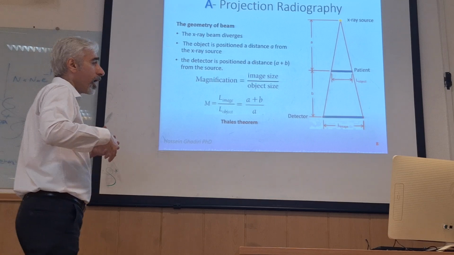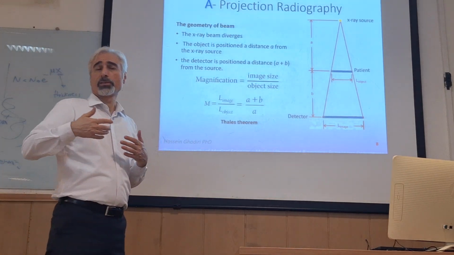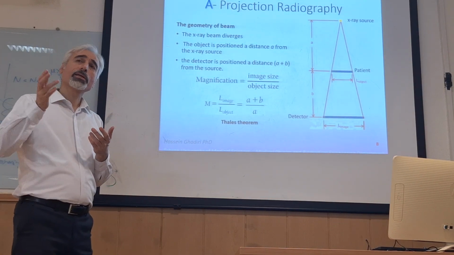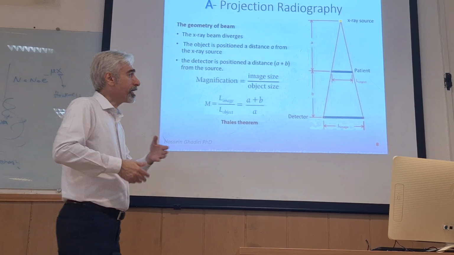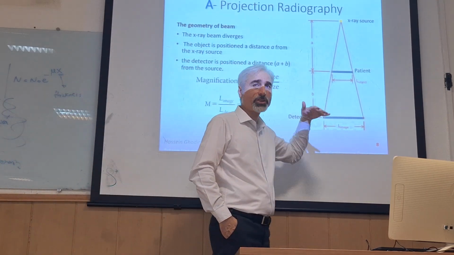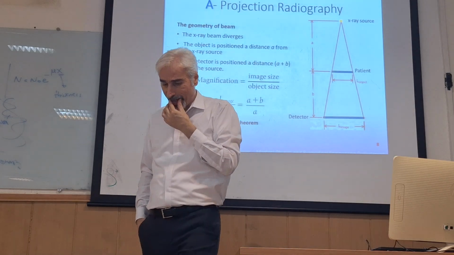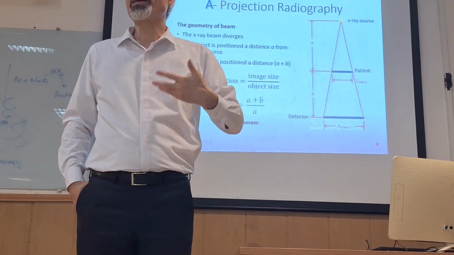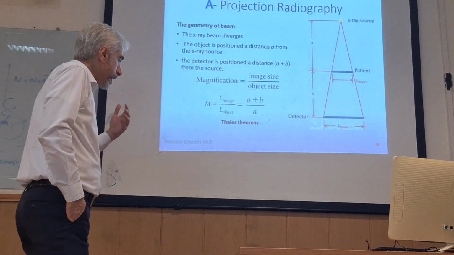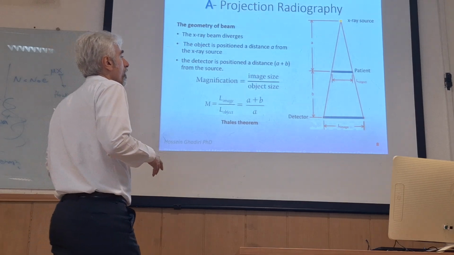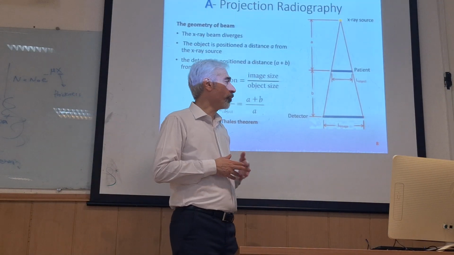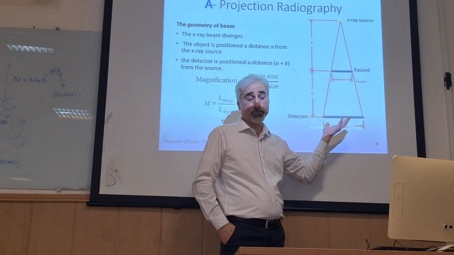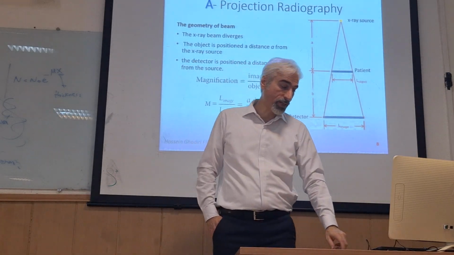So another parameter added to kV, mA, and exposure time is the geometry. The geometry is used to optimize the image quality, because by increasing the magnification, you will change the image quality, mostly in terms of resolution.